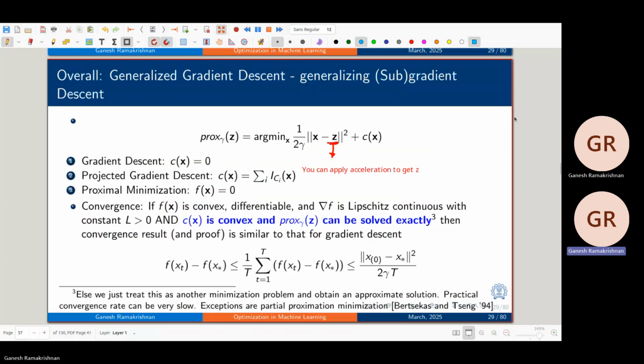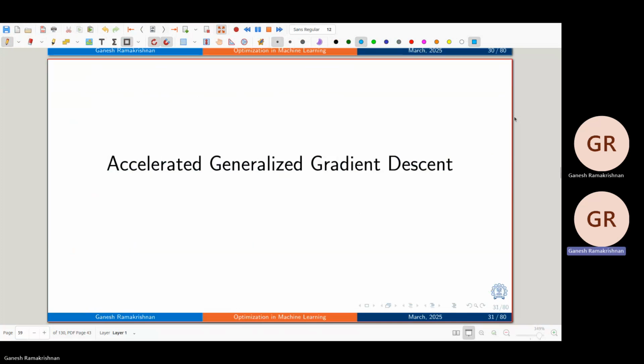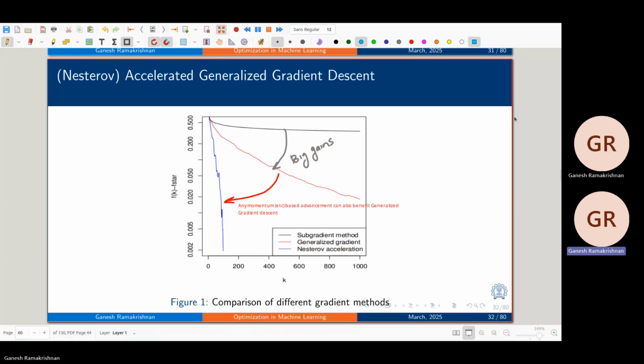Okay, so this is overall gradient descent. If you remember, you got this 1 upon 2t here. So what is the convergence rate for gradient descent and the corresponding accelerated version? This is the only plot I'll discuss a little bit, and the rest is just analysis, which is optional stuff. When Nesterov's accelerated gradient descent gets applied even to the proximal case, you see that empirically the gains happen.